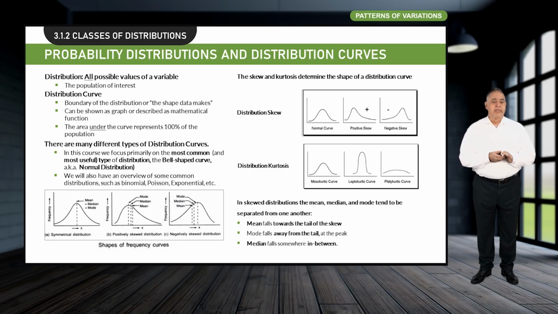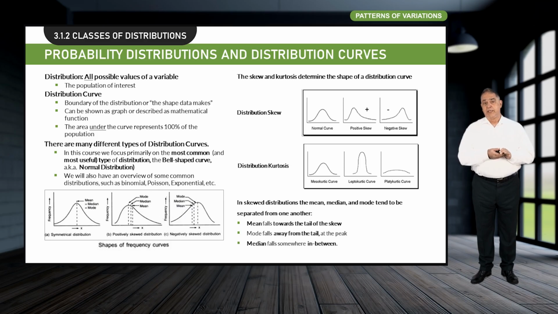There are many different types of distribution curves in statistics. Out of memory, there are more than 300 different types of distributions, and some of them have names resembling medieval creatures like Loth or Lomax, but we're not going to talk about them.